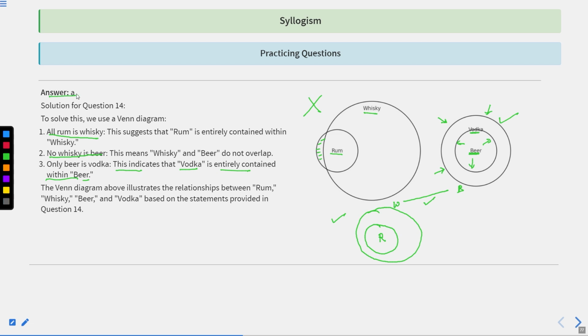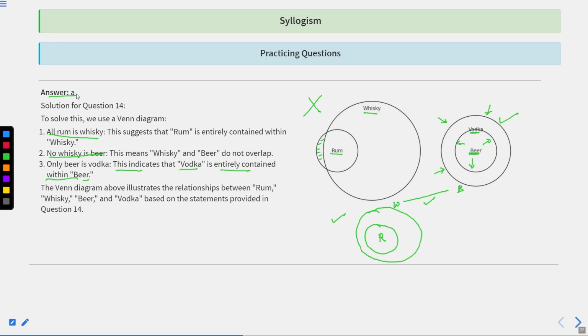I suppose you have understood how we are trying to figure out whether the Venn diagram is resonating or complementing the statements that have been put forward, and only after analyzing whether the Venn diagram is correct or not, we move forward and try to figure out whether the conclusions are correct or not, and then based on that only we get the correct answer.